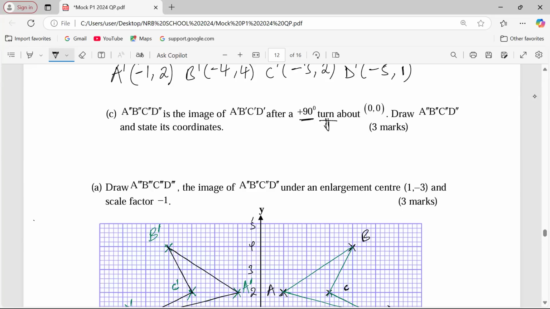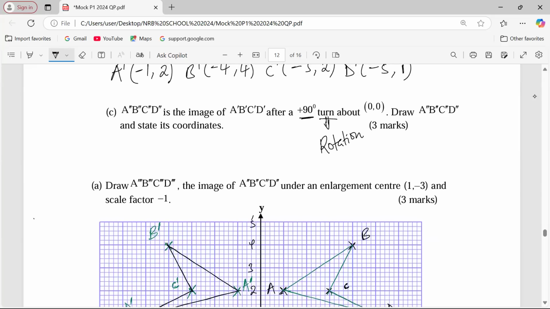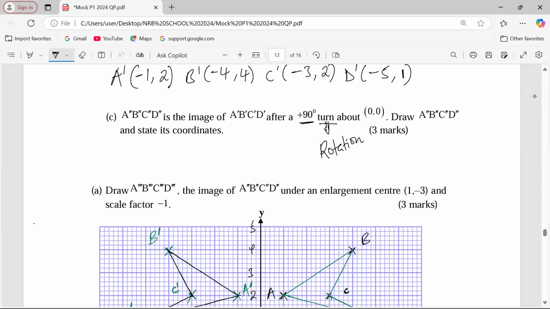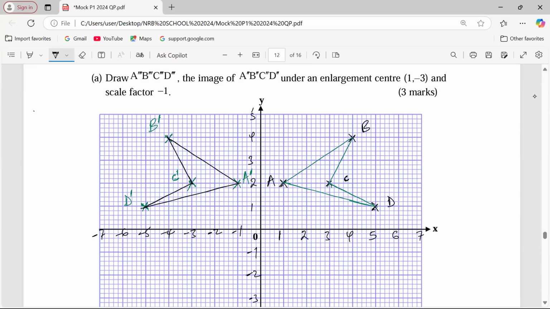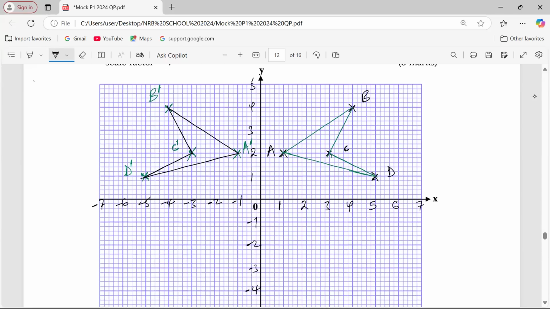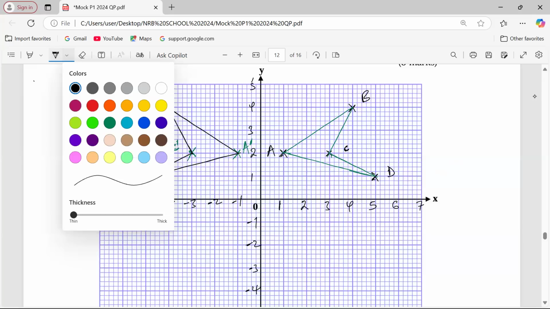Let learners know that a turn is a rotation. Positive 90 means in the anti-clockwise direction. A positive angle is usually measured in the anti-clockwise direction.